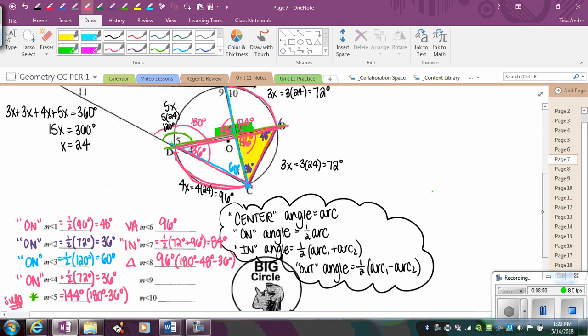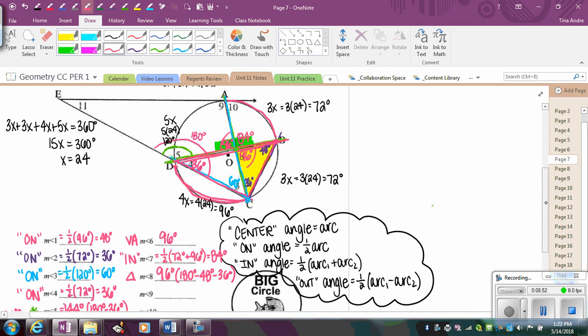So then the other angles that I have left, 9, 10, and 11, if I look at angle 9, you might be thinking the same thing right away. But the difference is it told us that this segment EA is tangent. So this is actually a tangent and a chord angle. So the arc that it's cutting into is this entire arc right here. If you look again where this is cutting into the circle, you have this chord and this tangent cutting into the circle right here.